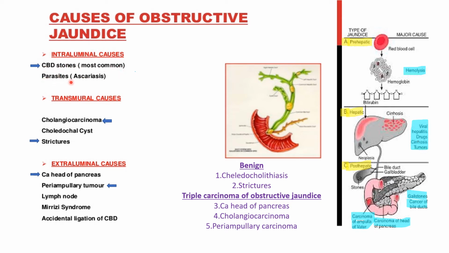Parasites as a cause of obstruction are relatively rare these days. Among the transmural causes, cholangiocarcinoma, or the adenocarcinoma arising from the mucosa of the bile ducts, is a common cause of obstructive jaundice. Strictures are usually due to passage of a gallstone, or due to iatrogenic causes such as post-cholecystectomy complications or ERCP procedures.